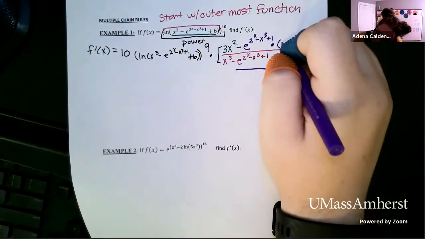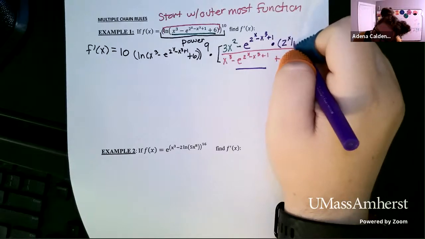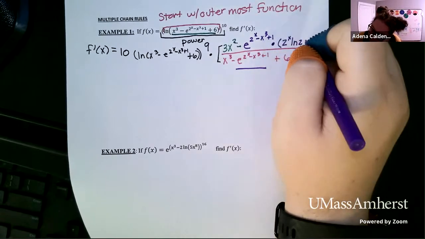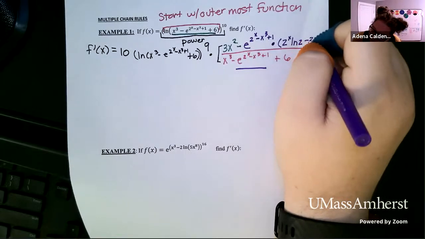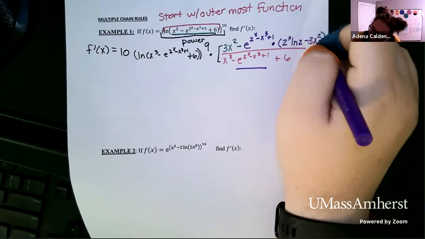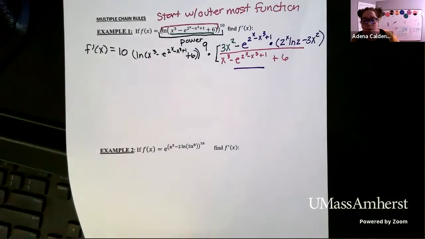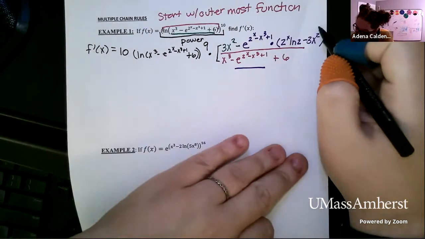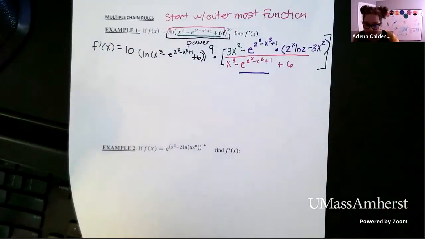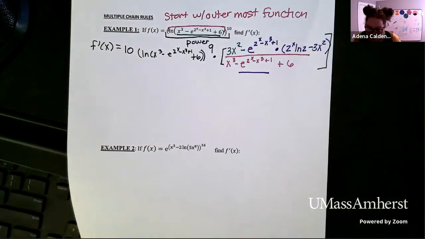So the derivative of 2 to the x is 2 to the x ln 2 minus the derivative of x cubed is 3x squared, and the derivative of 1 is 0. So I've now done all the pieces, and my final derivative looks like this.